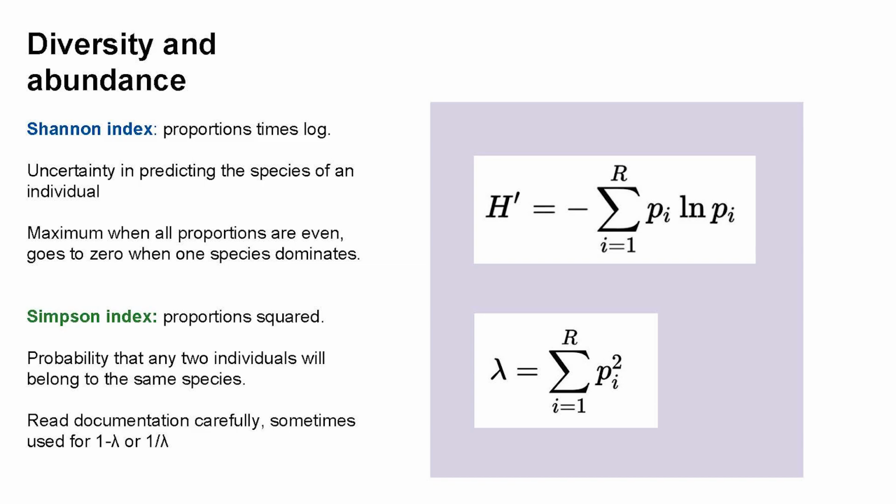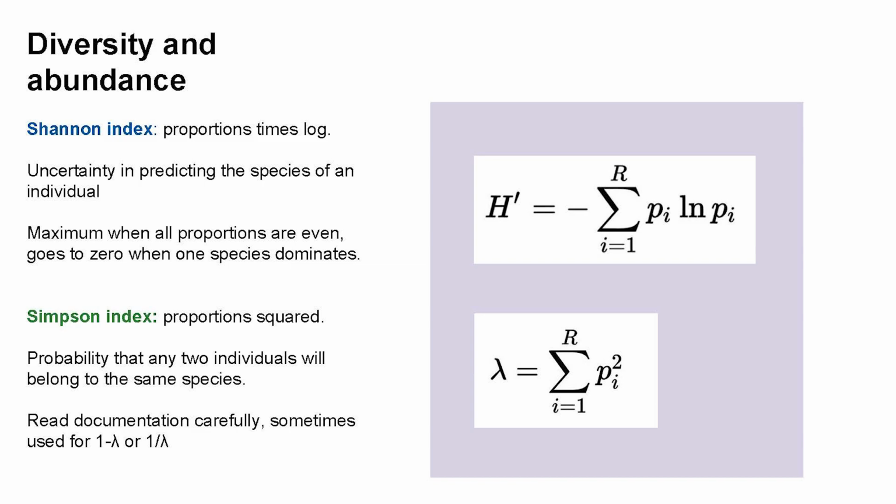Okay, going beyond just simple counting of number of species, we can try to quantify diversity by the abundance of species. So let's say we've collected a sample and we have 100 organisms from one species, and then we have 3 other species, but we've only collected 5 organisms or 3 organisms or 2 organisms from the other 3.